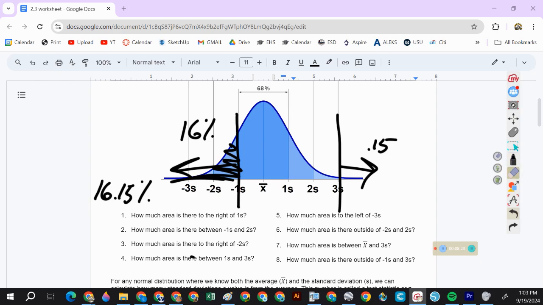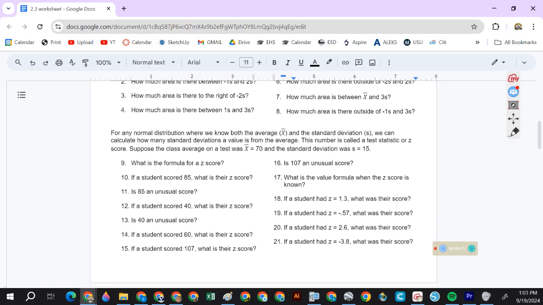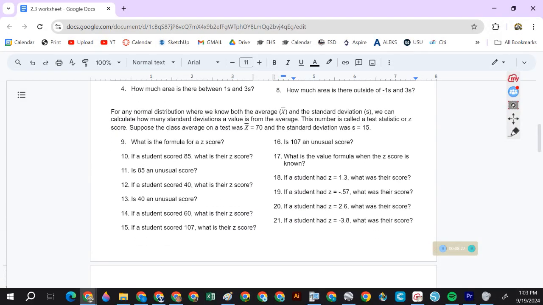All right. Next up. For any normal distribution where we know the average and the standard deviation, we can calculate how many standard deviations a value is from the average. This number is called a test statistic or z-score. Suppose the class average on a test was, the average is 70 and the standard deviation is 15.